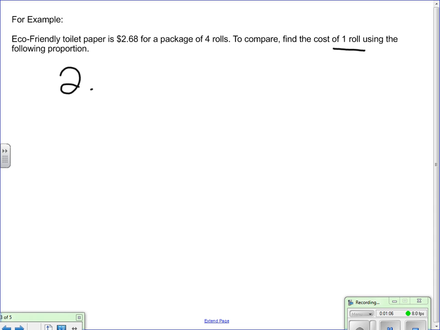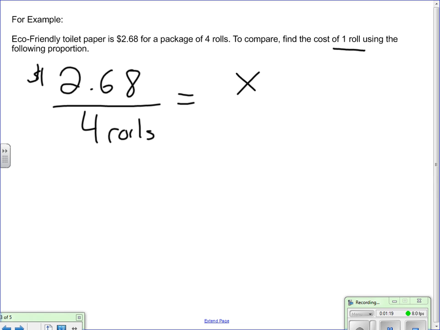So $2.68 is the cost of 4 rolls, and that's equal to X, being the cost of one roll. Okay, so now we've set up the proportion. Again, just like before, we're going to cross multiply.